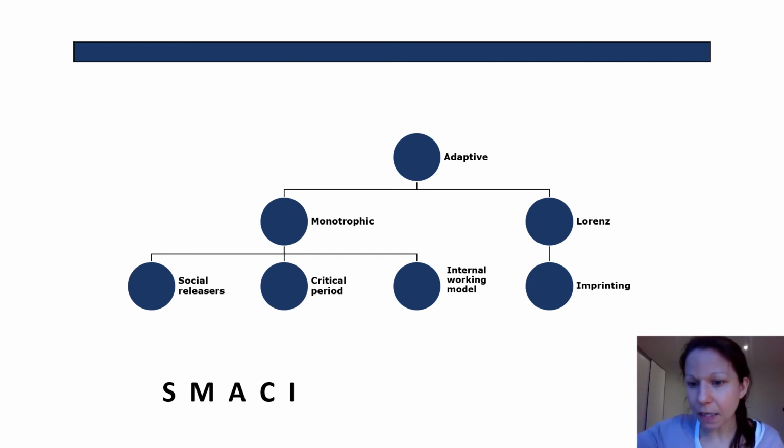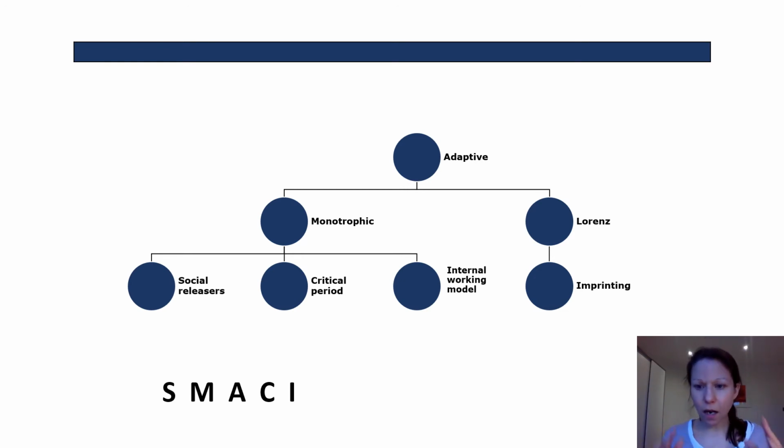And we'll go on a bit later in the topic to think about his studies and what those consequences might be. So he thought the critical period was exactly that. It was the period in which it was critical, it was vital that you were able to form that attachment.